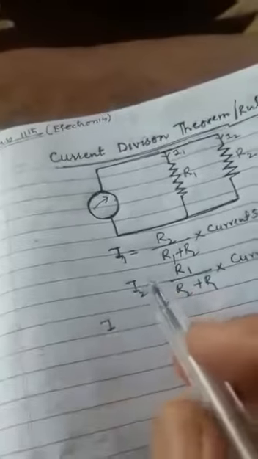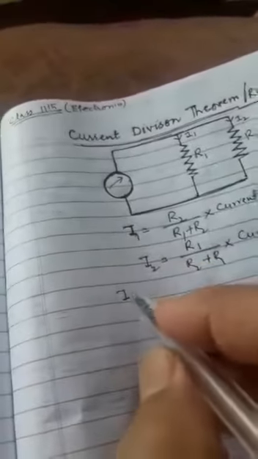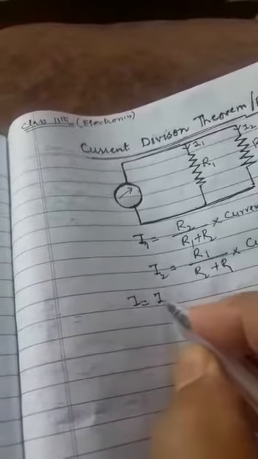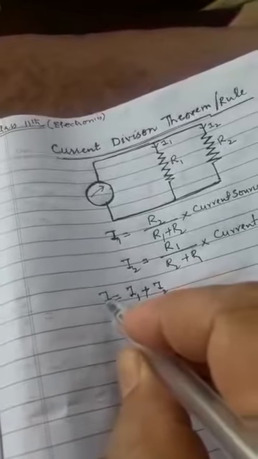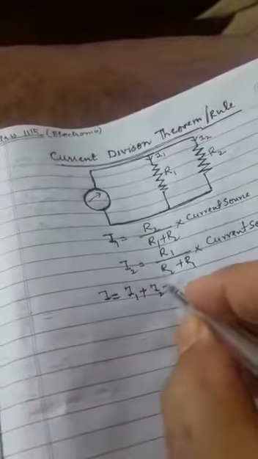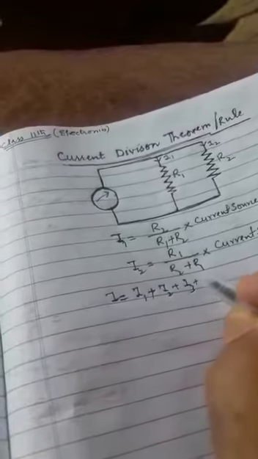You check there where I have shown you the resistors connected in parallel. There we are writing I is equal to, in divisions, I1 plus I2 plus I3 and so on.